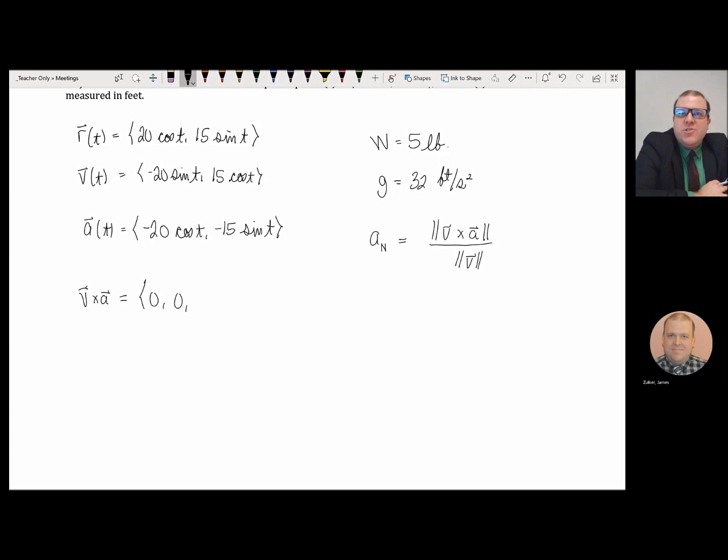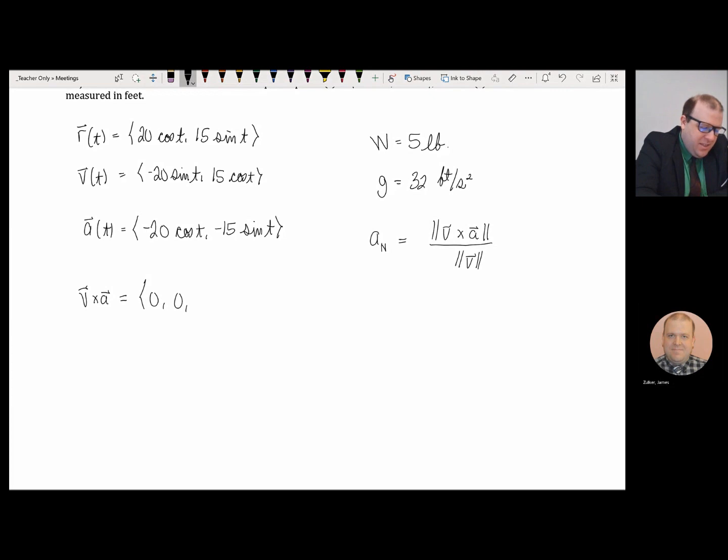It's strictly in the z direction, right, because both velocity and acceleration are strictly in the xy plane. Twenty times 15 is 300, right?